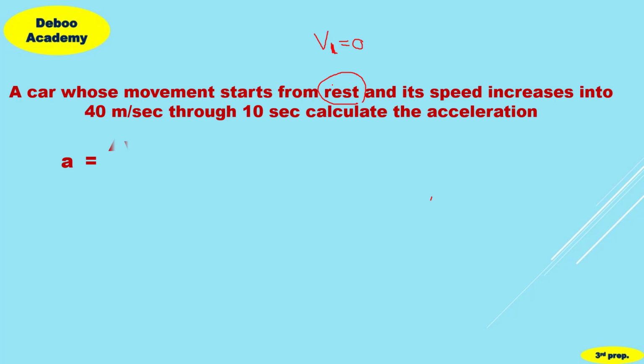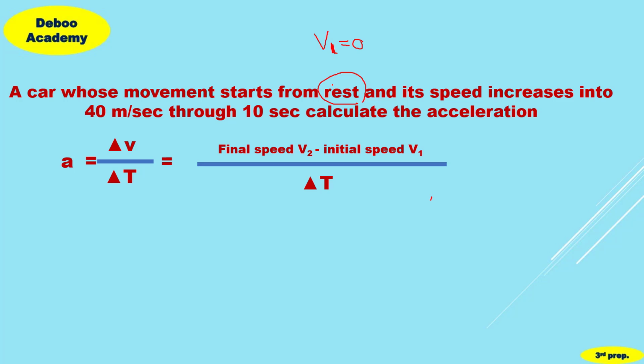Now A equals delta V over delta T, so V2 minus V1 over T. V2 equals 40, and V1, as we said, equals 0, over time 10. So the acceleration equals 4 meters per second squared.